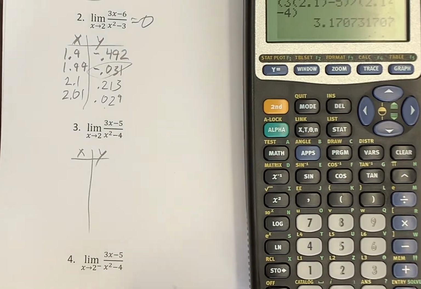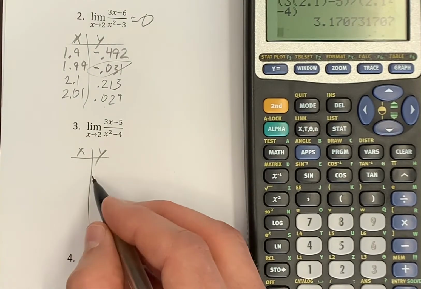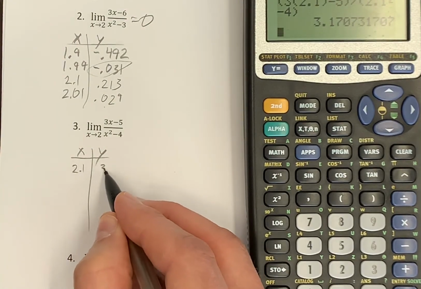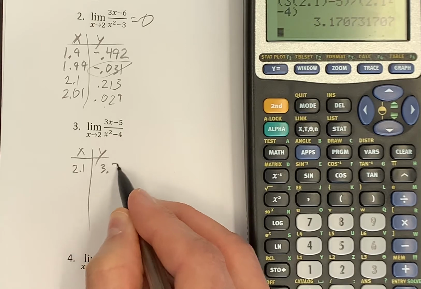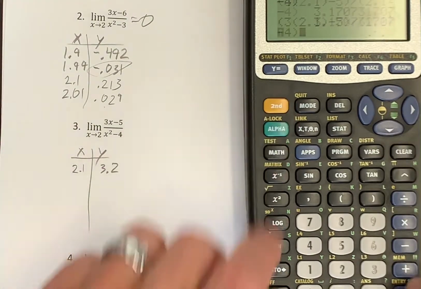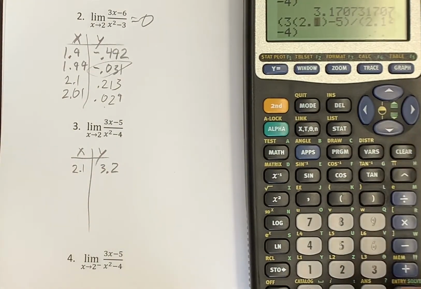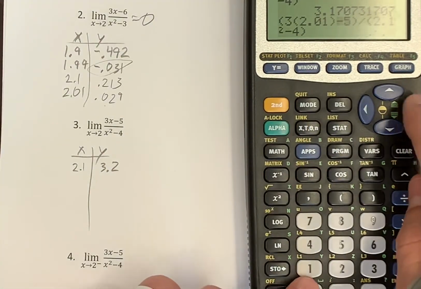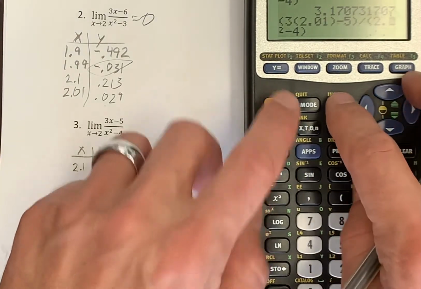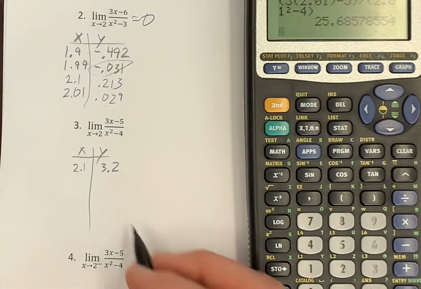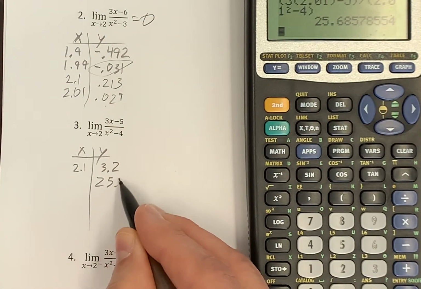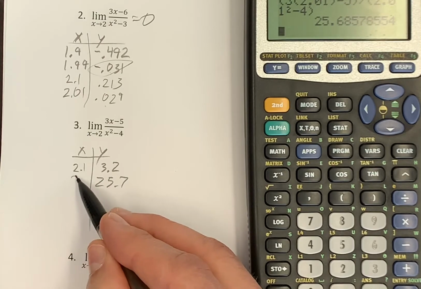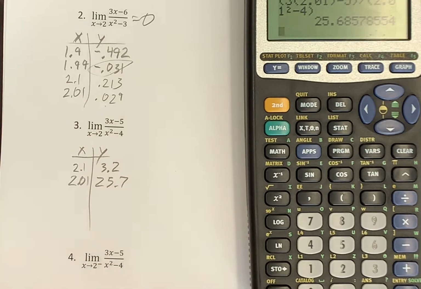Okay, well 3, that's a little bit bigger. 3.2, let's say. What happens if I put in a 2.01 there? 25.7. Okay, so that is not calming down at all. And if you went 2.001, it would get even bigger.